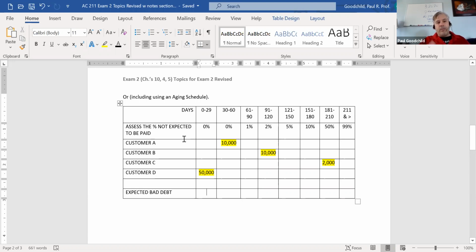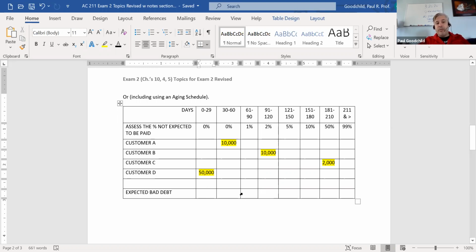And what you would do as an analyst within the company is say, okay, based on our expectation, what percentage of these buckets do we expect that these would or wouldn't be collected?